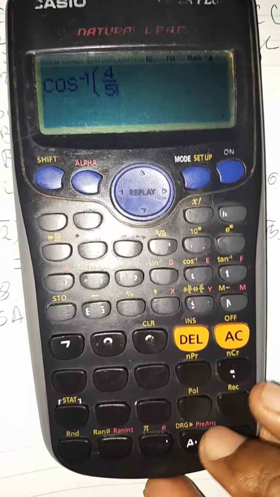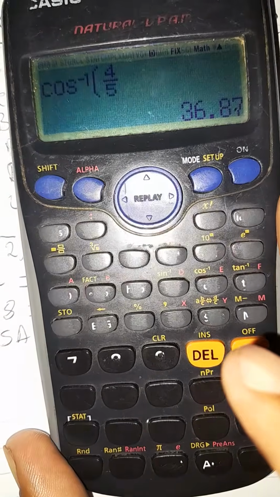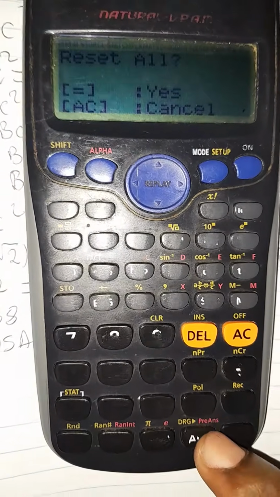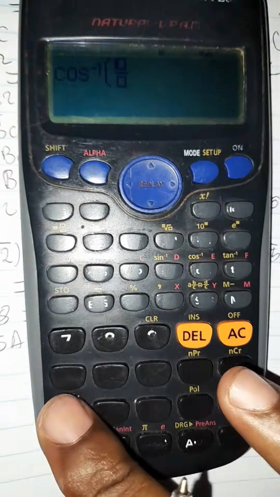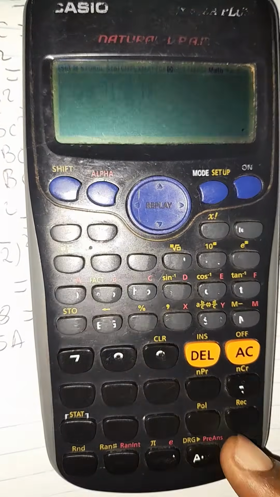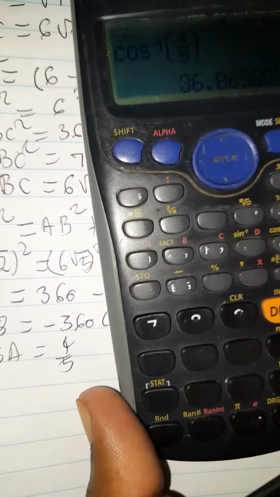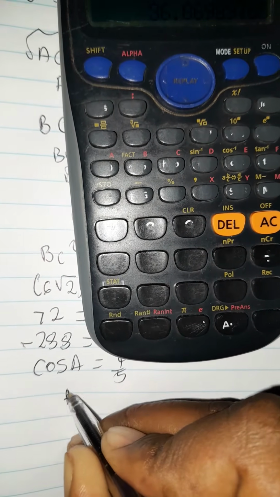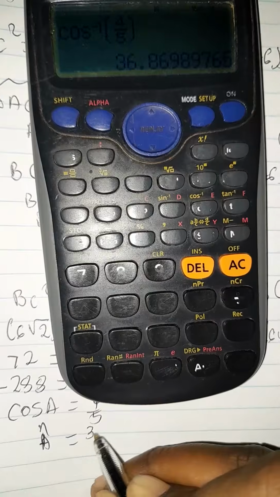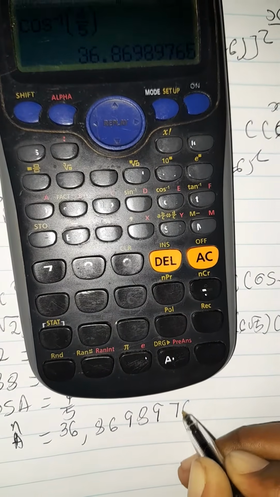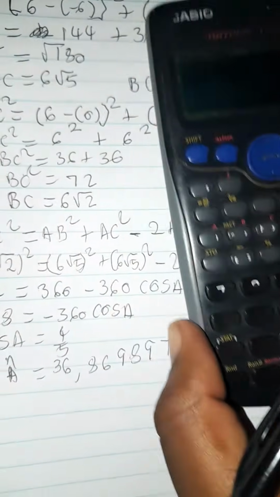My calculator is in fix mode, so I don't want to round off yet. So angle A is 36.8698765. Let's not round off yet.